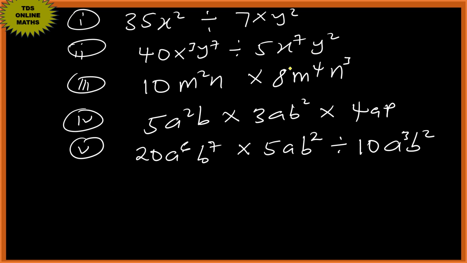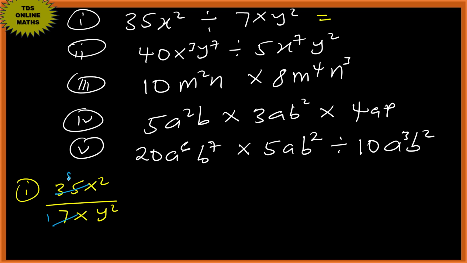Alright, so take your pencil and your paper, then solve the following examples. You have the first one as 35x squared divided by 7xy squared. So just divide this one by that. So it will be 35x squared on xy squared. So 7 into 35, we have 5 times 7, 5, 35.